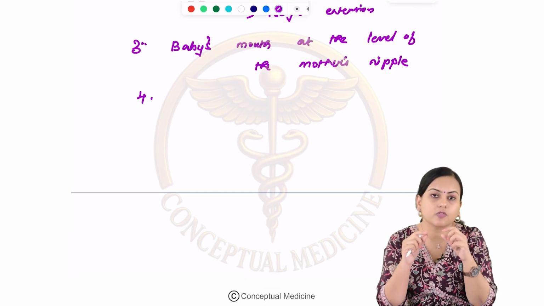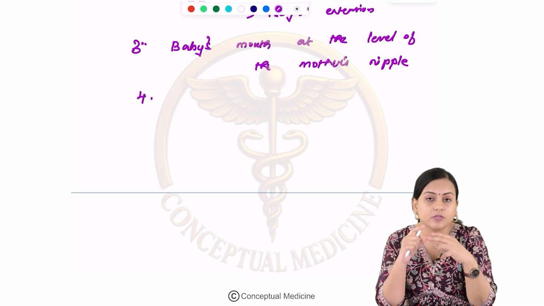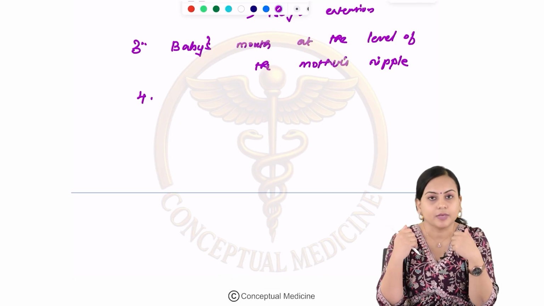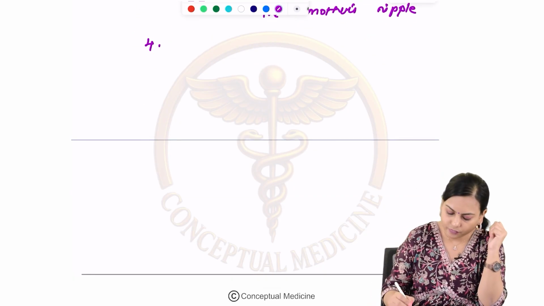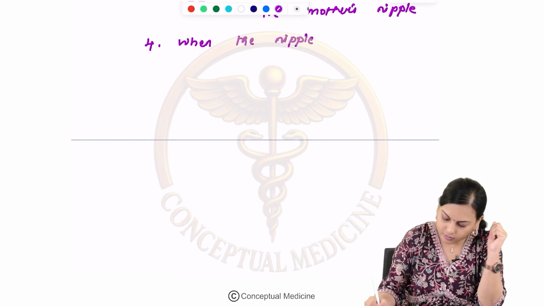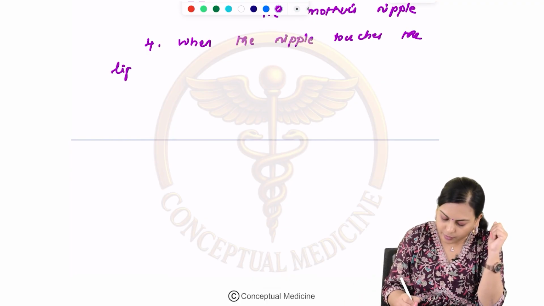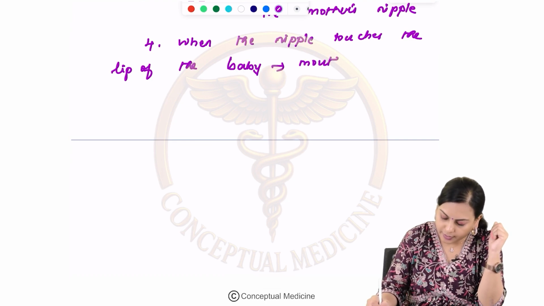Now, when the baby is kept at this position, what happens means, as soon as the nipple touches the baby's mouth, the baby is going to open its both upper and lower lips. The nipple will be sucked inside the mouth, and the baby will be using its tongue to initiate the suckling reflex, and it will be drawing the milk inside. Clear? So, when the nipple touches lip of the baby, mouth opens widely.